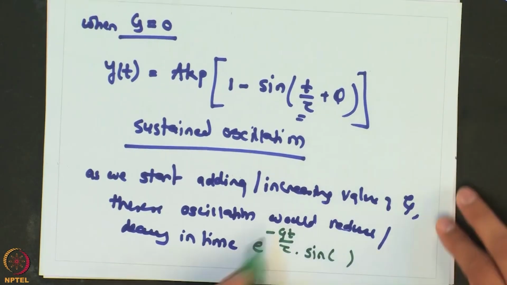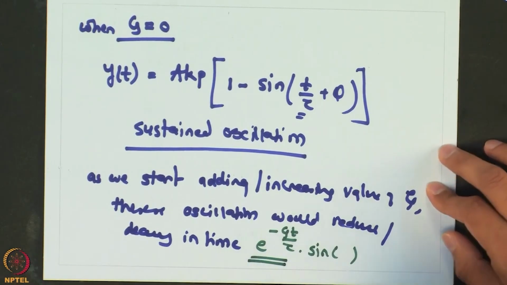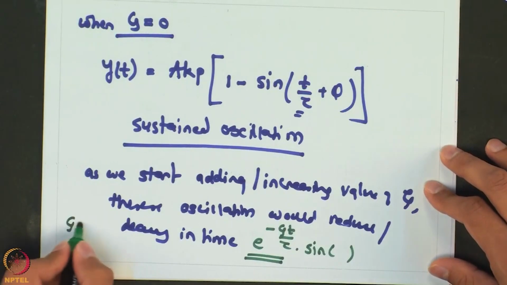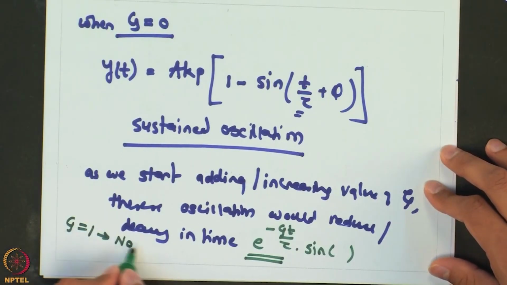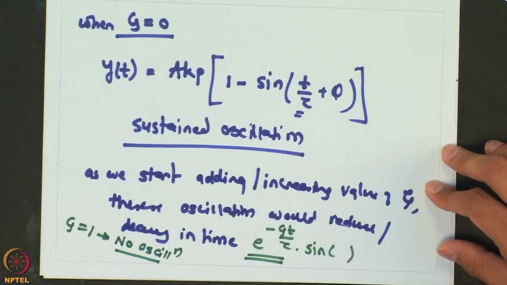So, as zeta keeps on increasing from 0, the contribution of the sinusoid will keep on reducing, and this will happen till we have zeta equal to 1. In that case there are no oscillations. We had seen that when zeta was equal to 1, the response did not contain any sinusoid, it was a pure linear function in that curly bracket.